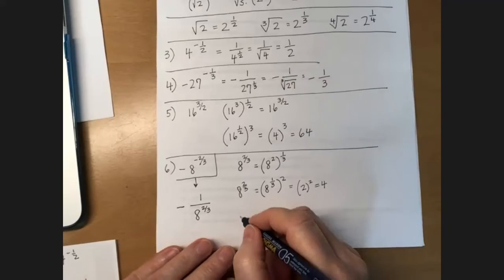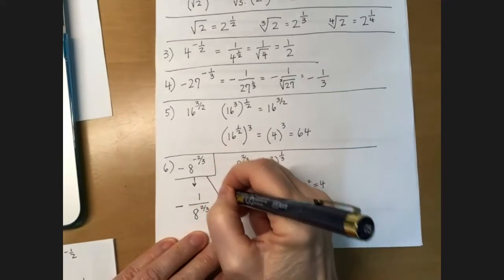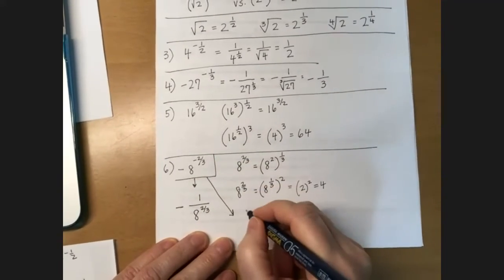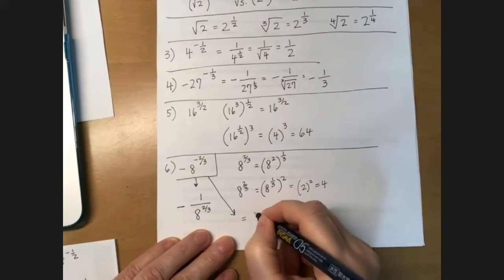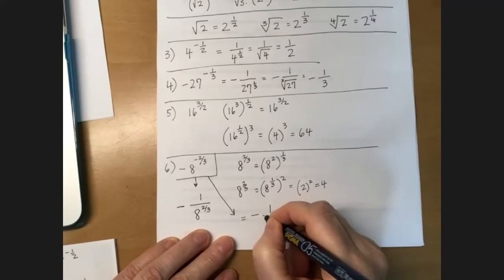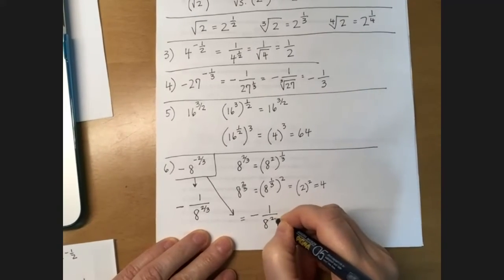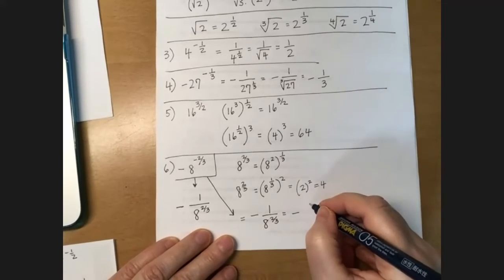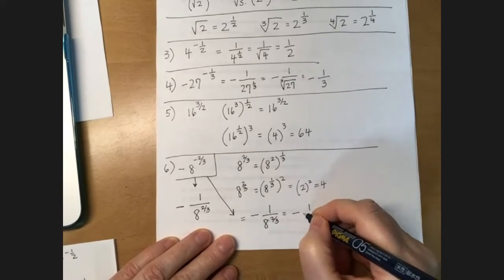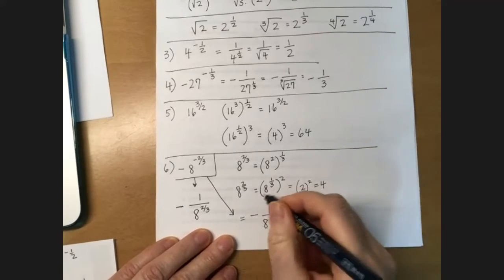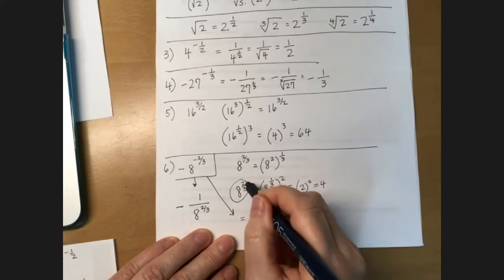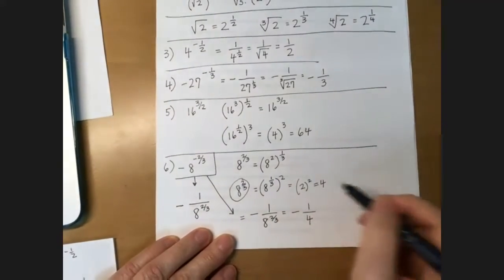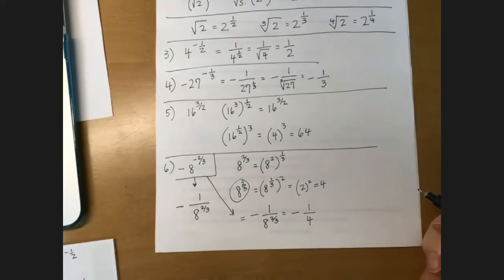I'm going to rewrite the problem. So I'll put another arrow there. It equals -1 divided by 8 to the 2/3, which equals -1/4. Because we figured out we used this way to find 1/4.